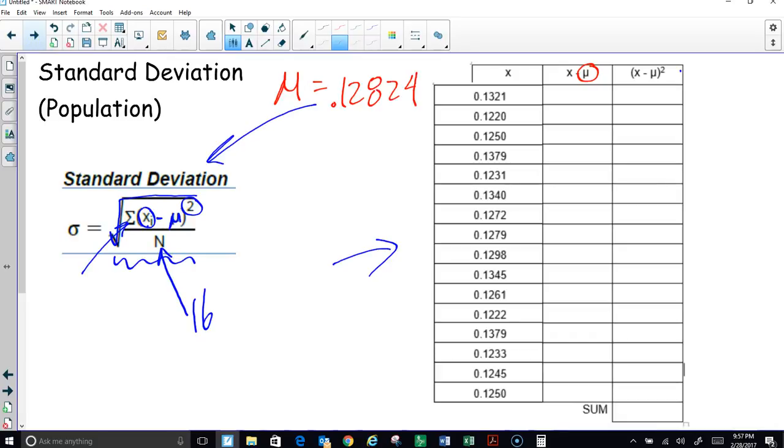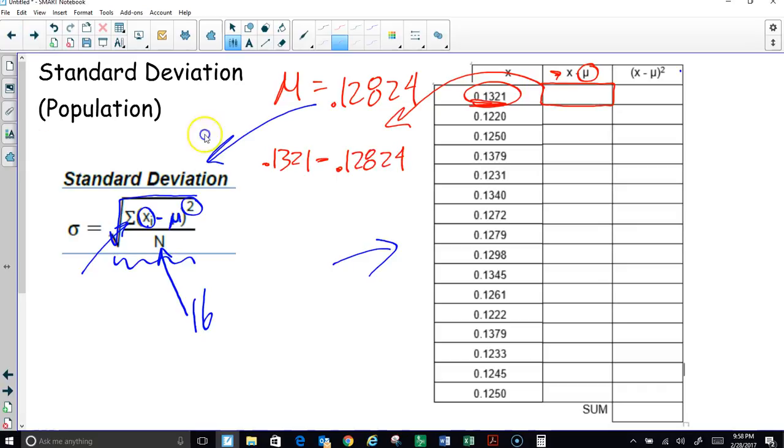So for every one of these numbers, I'll just do it for the first one here. What I'm going to put into this box is the number, whatever it is, 0.1321 in this case, minus the average, 0.12824.